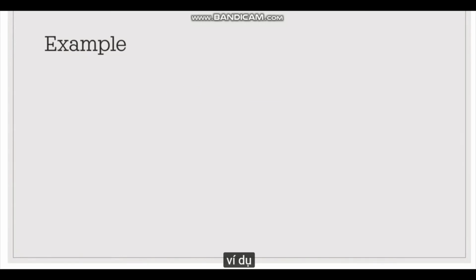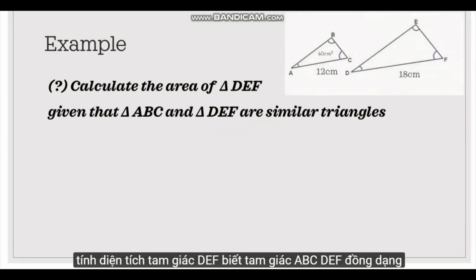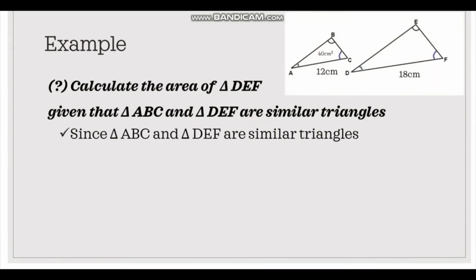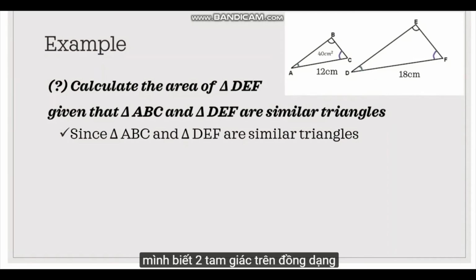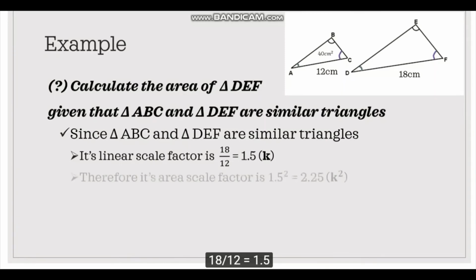So for instance, to calculate the area of triangle DEF, given that triangle ABC and DEF are similar triangles, we can find the linear scale factor is DF over AC, which is equal to 18 over 12, equal to 1.5.